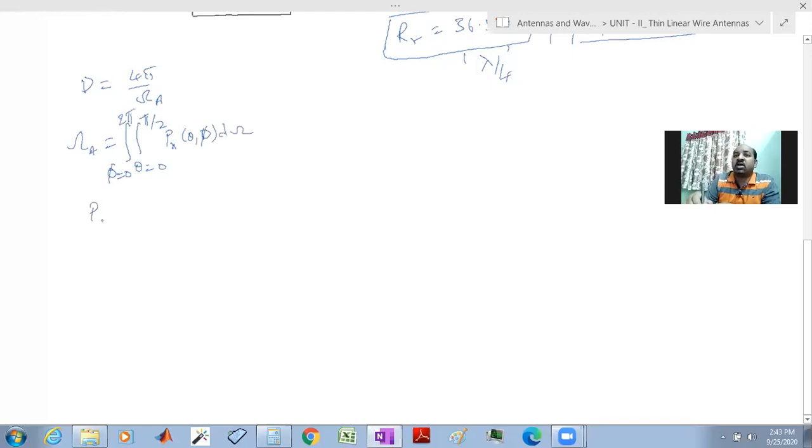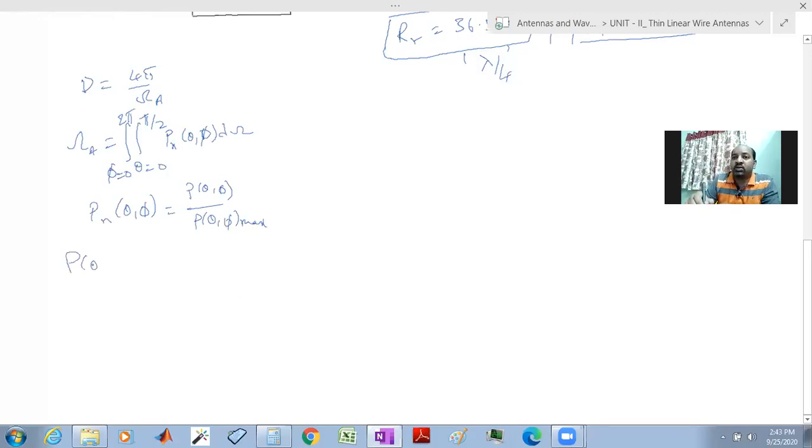So what is the normalized power pattern? P_n(theta, phi) is equal to P(theta, phi) divided by its maximum value.